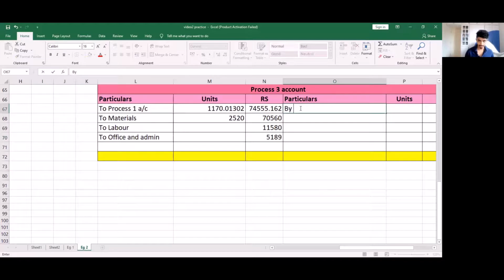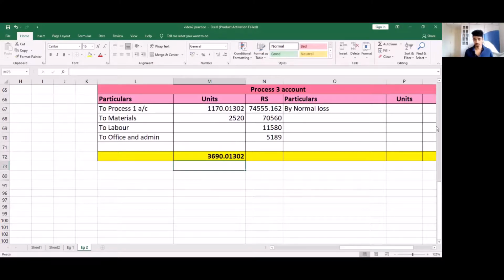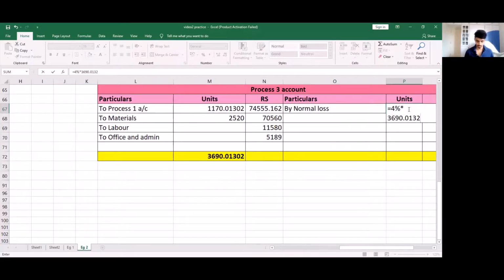So we again have to calculate by normal loss. Normal loss is going to be nothing but 4%, is given in the question, 4% of this value we have here. 3690.0130.